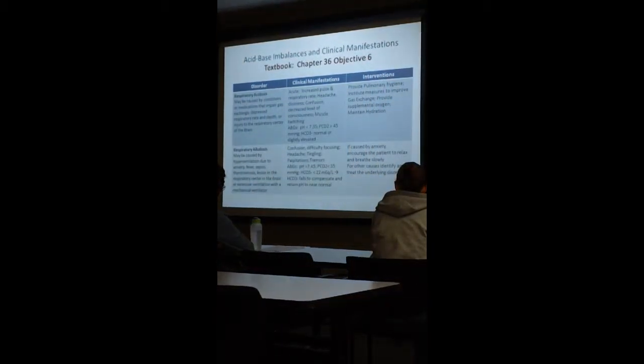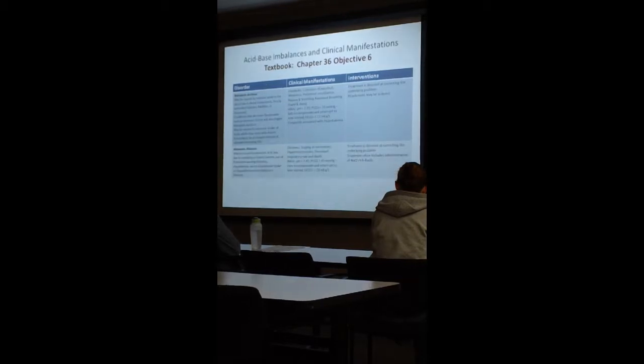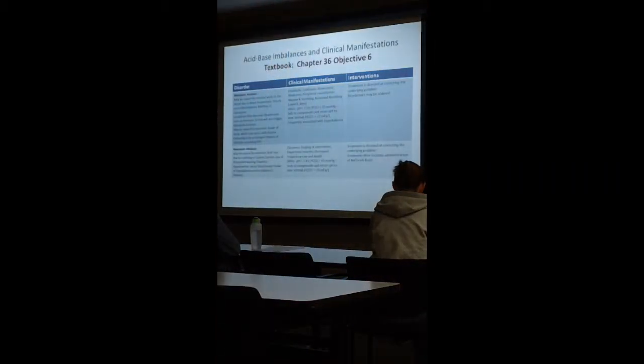So I created this slide that gives you the clinical manifestations and the interventions that you'll see for each one of these conditions, so y'all can review those. It's going to be metabolic acidosis, metabolic alkalosis, respiratory acidosis, respiratory alkalosis. Those are the acid-base imbalances that you see. That's what you've got to know.